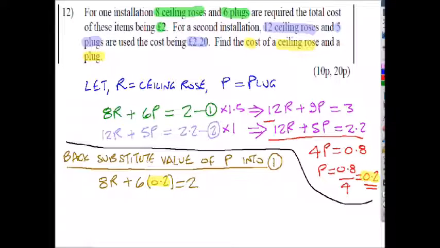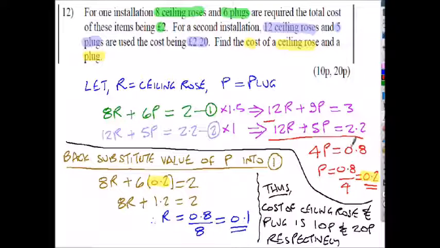So 8R plus 1.2 is equal to 2. So therefore R is equal to 2 take away the 1.2, so that's 0.8, and that's all divided by 8, and that's equal to 0.1.